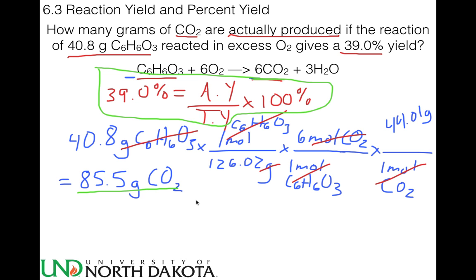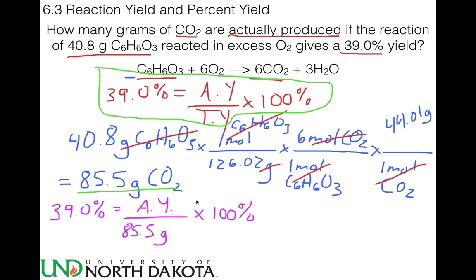Alright, so our 39.0% equals the unknown actual yield divided by the known theoretical yield, 85.5 grams, times 100%.